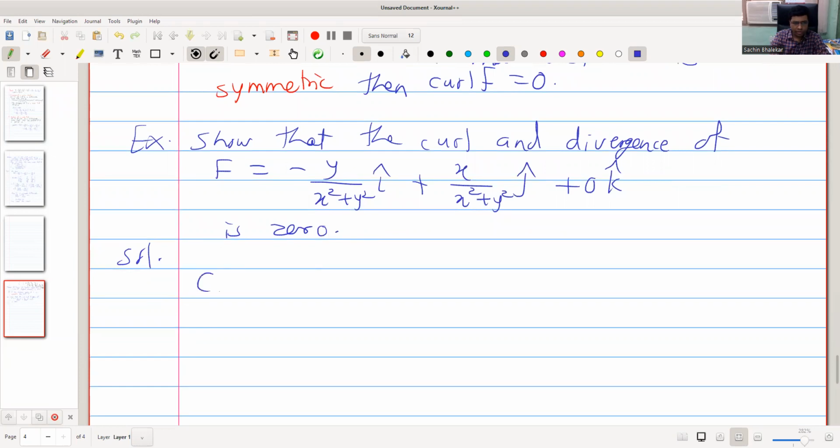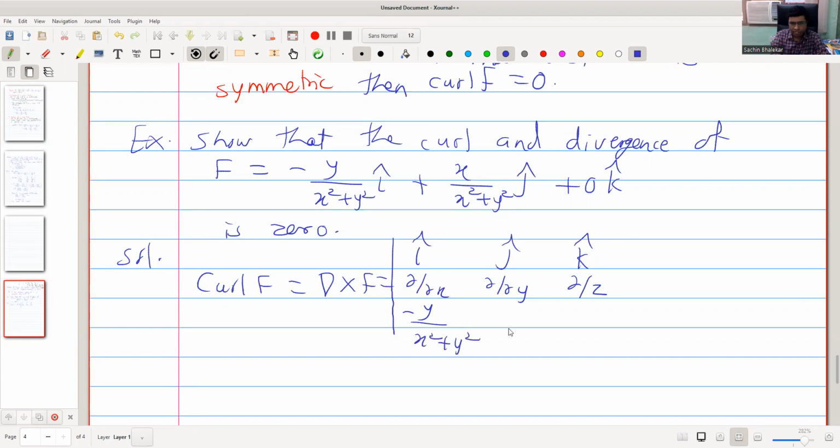So curl of F is del cross F, and it is equal to the determinant of a matrix whose first row is i hat, j hat, k hat. Then partials with respect to x, y, z, and these components: minus y upon x square plus y square, x upon x square plus y square, and 0.